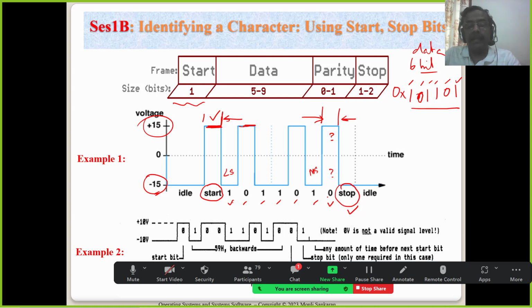In that case it must be even parity. I would have given even parity. So that's why it becomes 0, because the data values already have an even number of ones, so for the parity bit you have to generate a 0 value, which is being done.